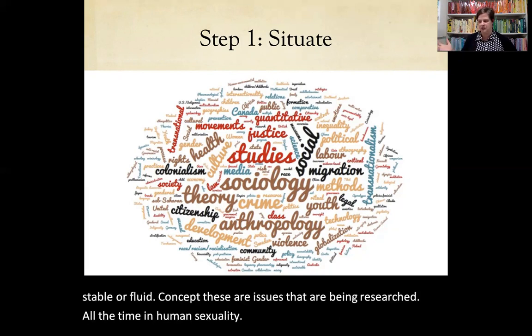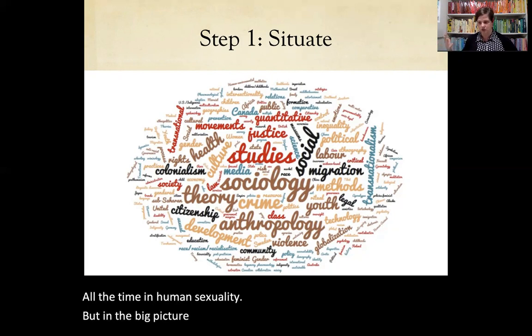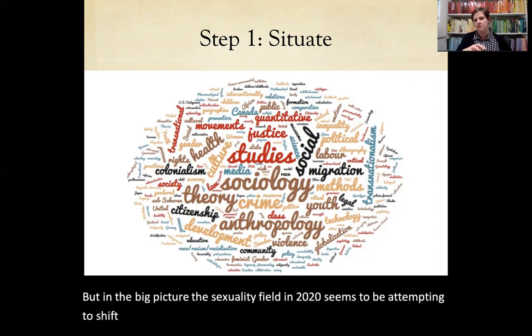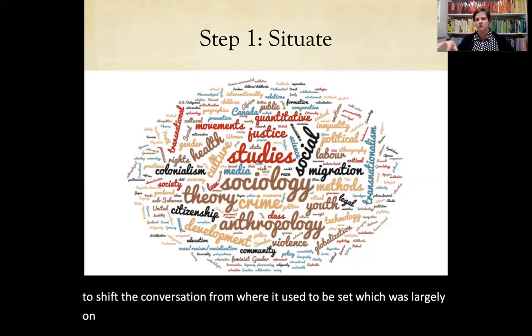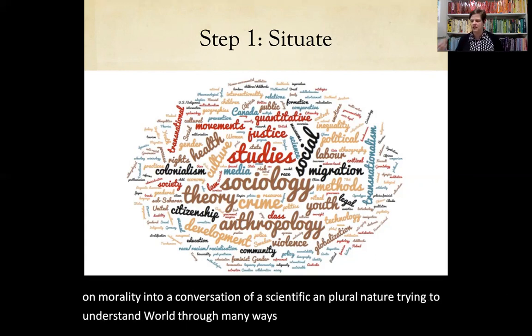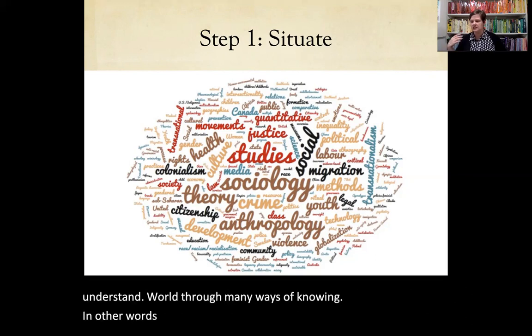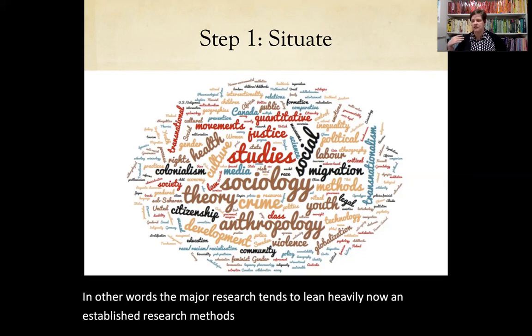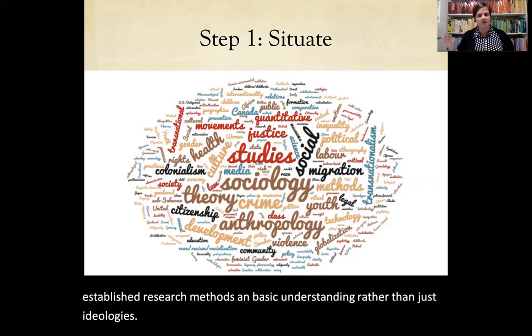But in the big picture, the sexuality field in 2020 seems to be attempting to shift the conversation from where it used to be set, which was largely on morality, into a conversation of a scientific and plural nature, trying to understand the world through many ways of knowing. In other words, the major research tends to lean heavily now on established research methods and basic understanding, rather than just ideologies. So that's how I think about the field.